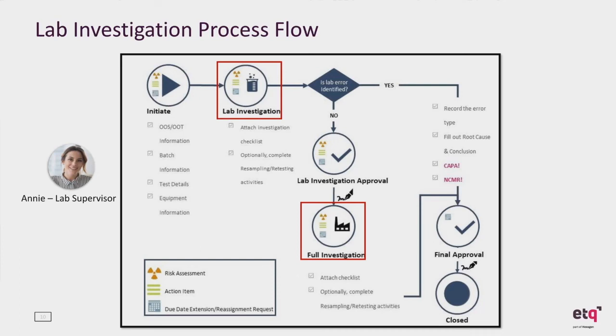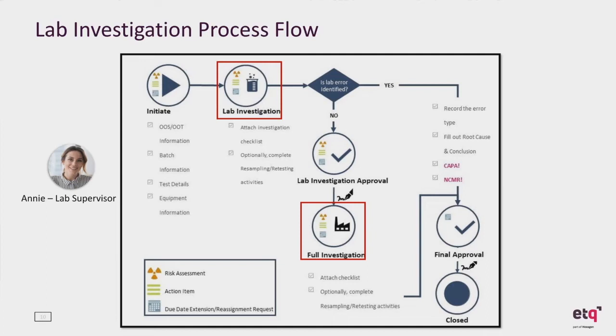The second step is Annie. Annie is the lab supervisor who would then go ahead and do the initial assessment of what was found from the out-of-spec results. She will start by going through the process to identify, is there a known issue? Is there something that we know right away up front that caused this out-of-spec result?